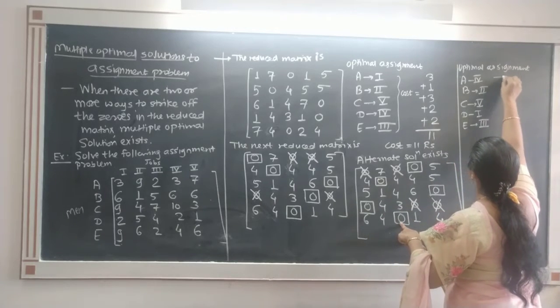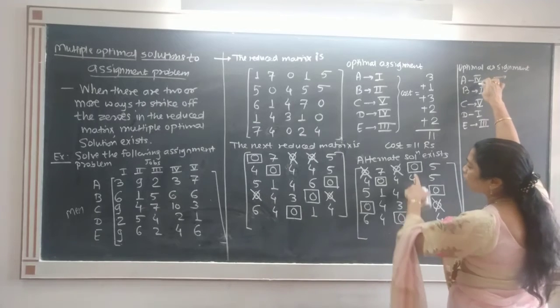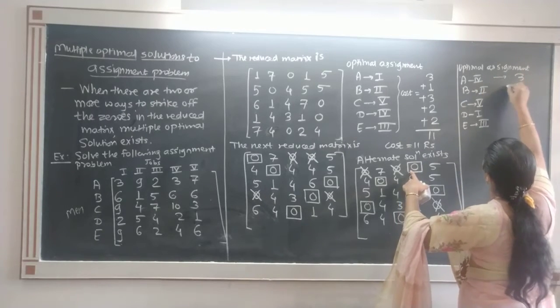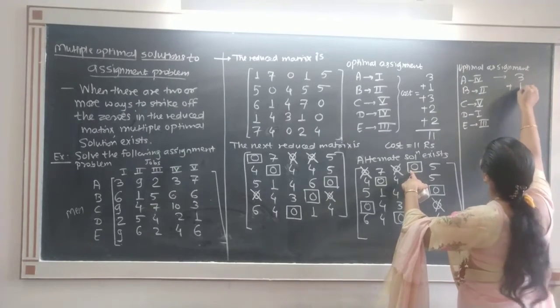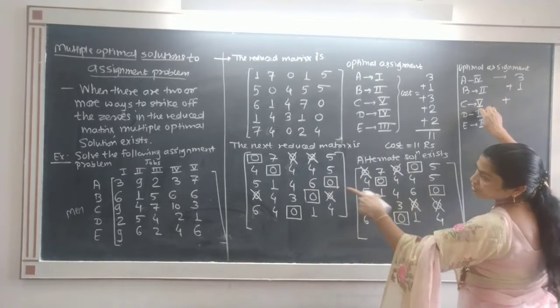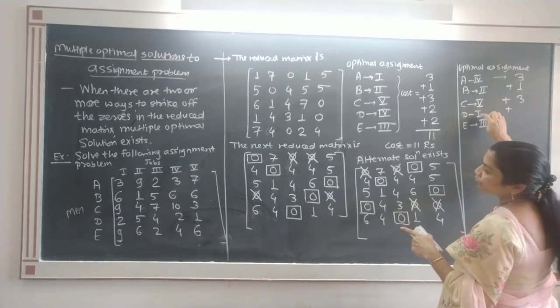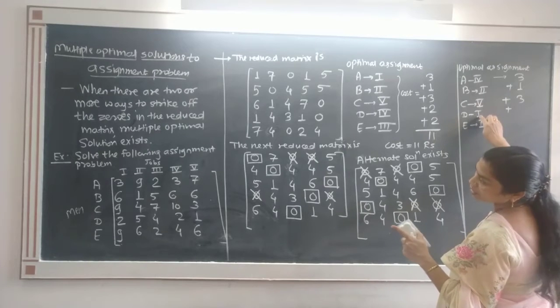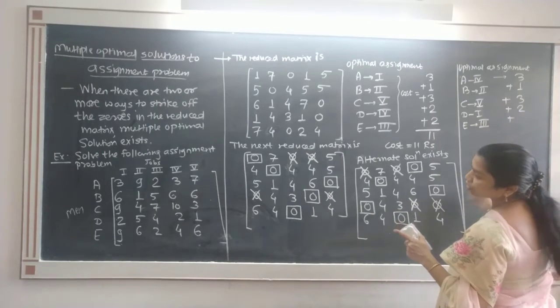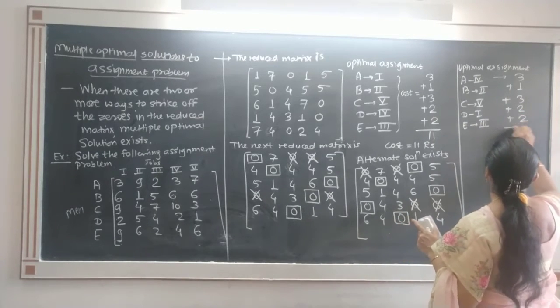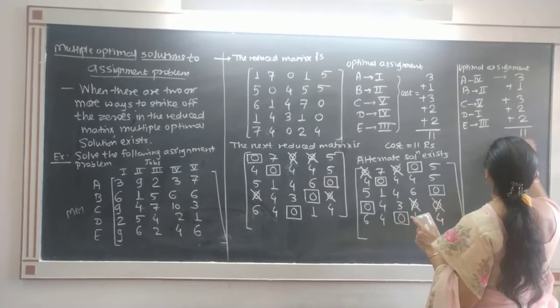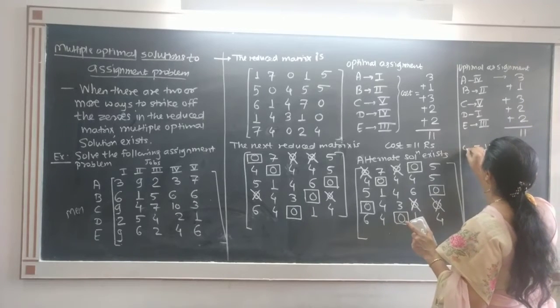And see the cost for that. For 4th, the cost is 3 plus, for 2nd 1, for fifth 3, for first 2, and for third it is 2. That is 11 rupees, that is the cost.